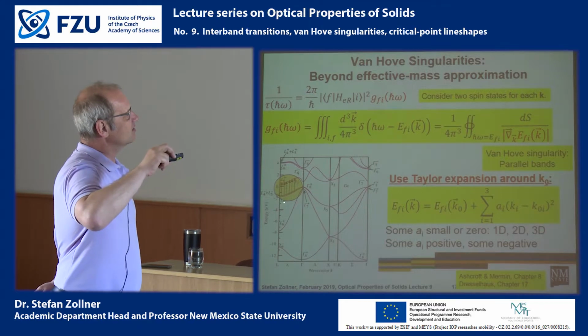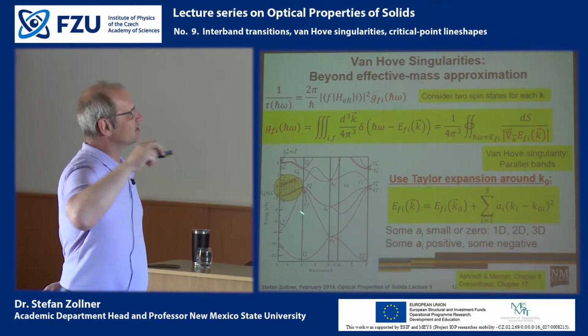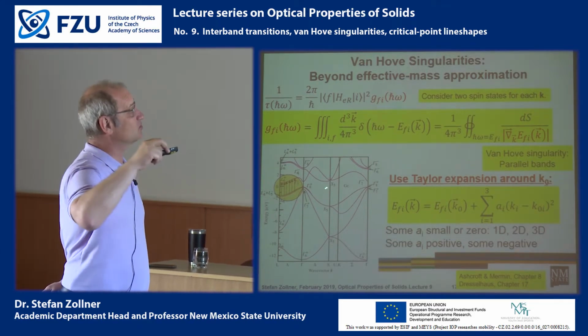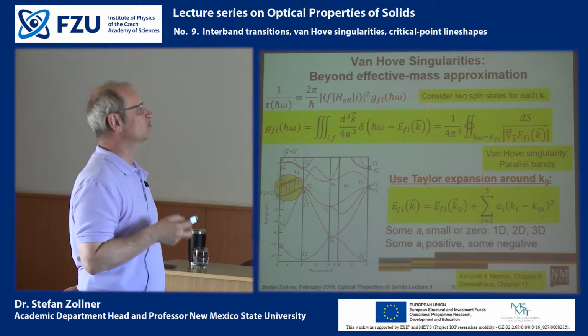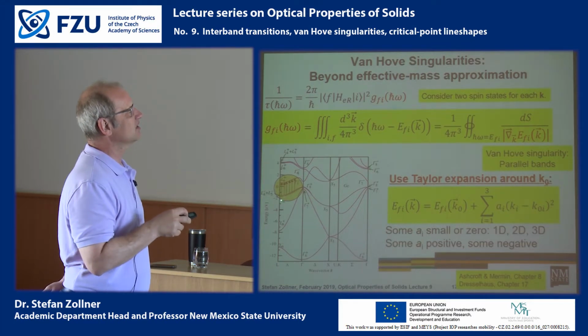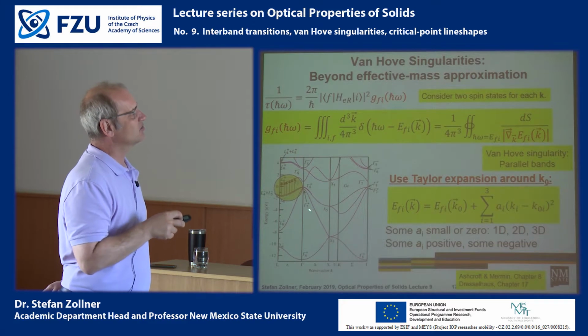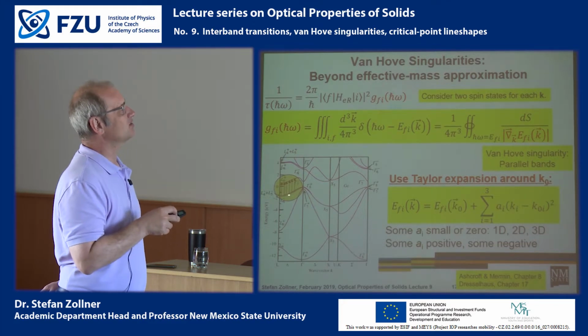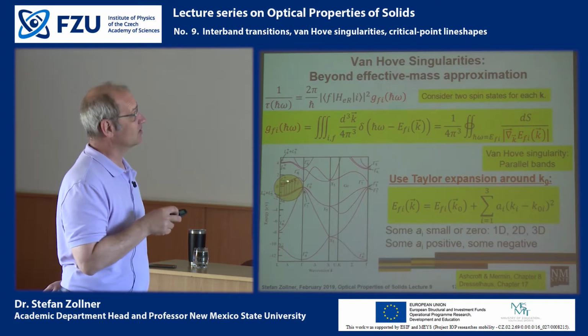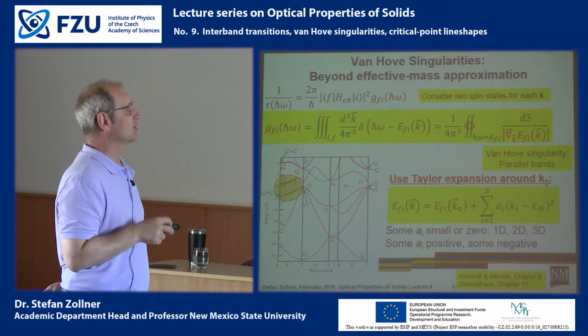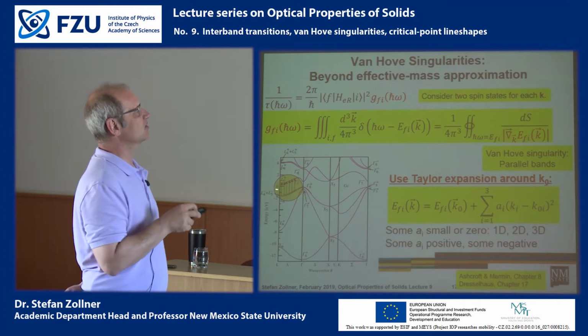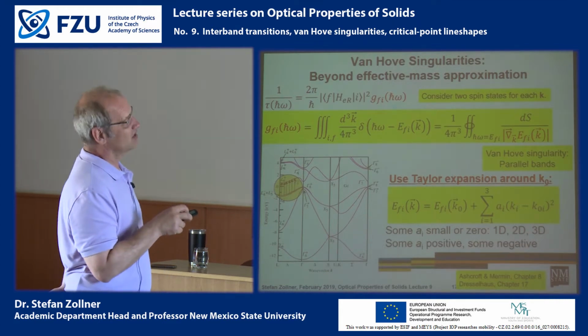On the other hand, if you look at a k vector perpendicular to 111, then there is a very strong curvature in the bands because of this saddle point. So the hole band curves down and the electron band curves up in a direction perpendicular to this 111 direction.